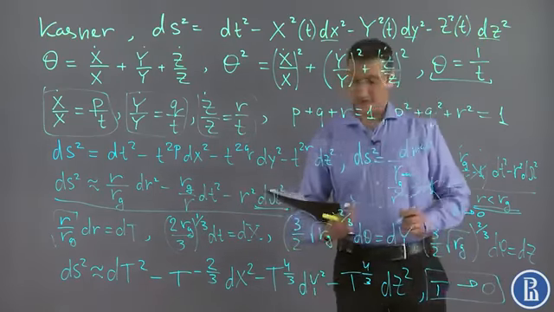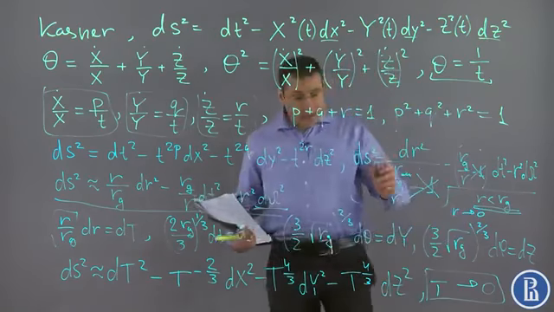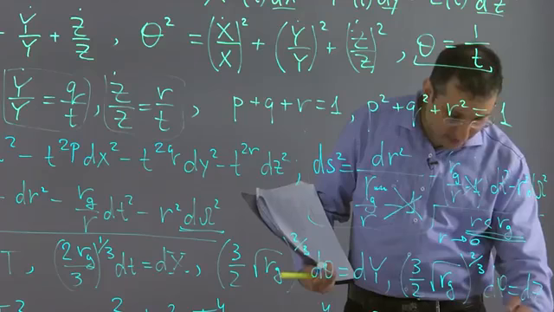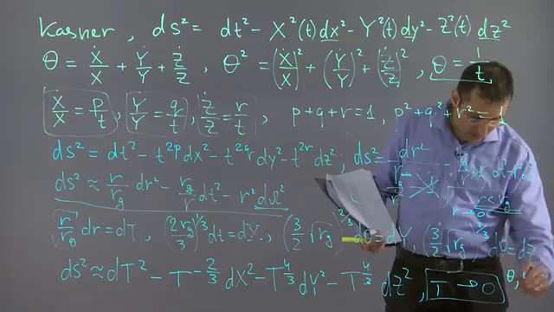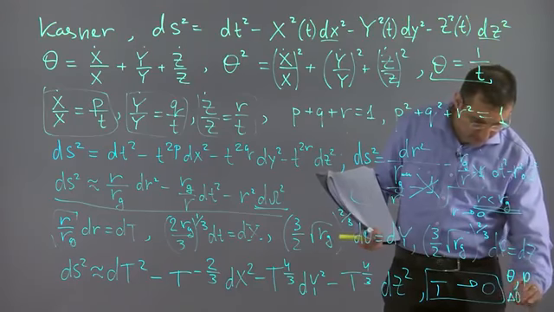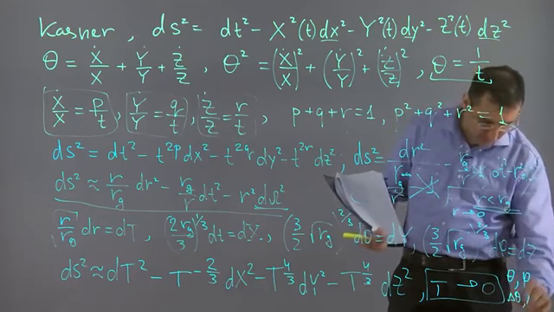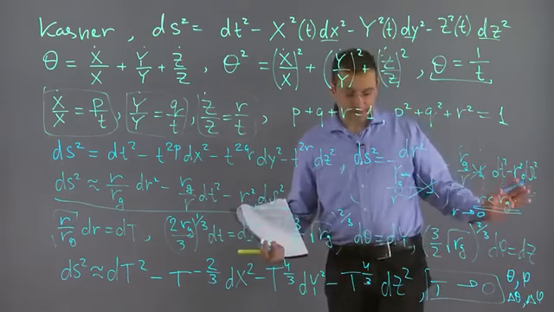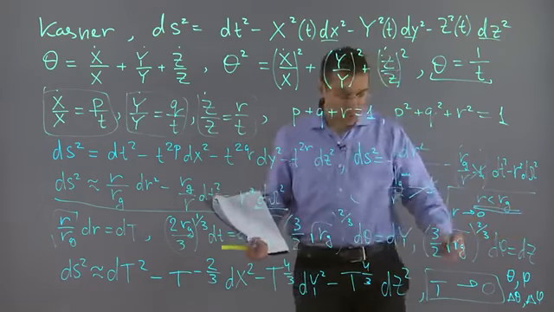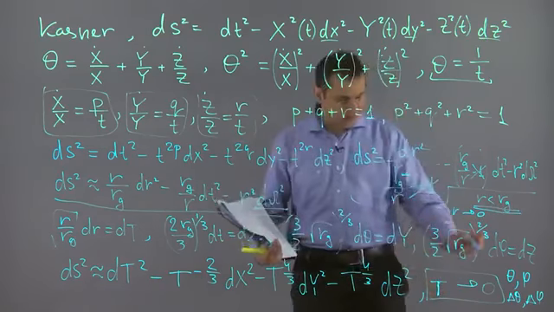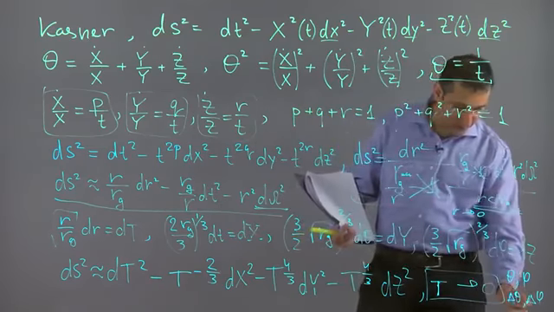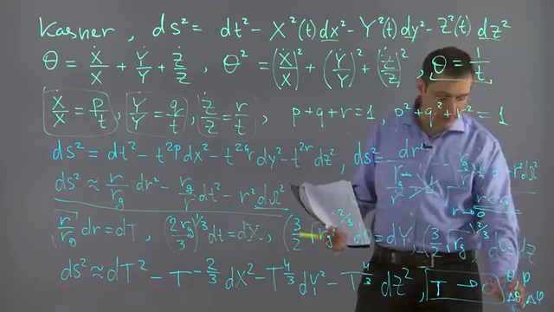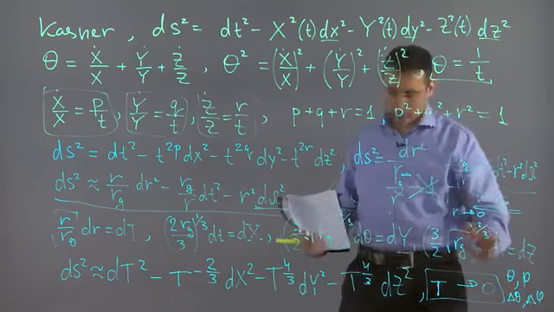As t goes to 0, points with a big difference between two values of theta and two values of phi are causally separated from each other. As t is very small, the points which are a big distance away from each other by big angles are causally separated.